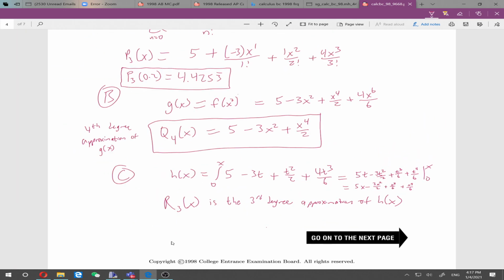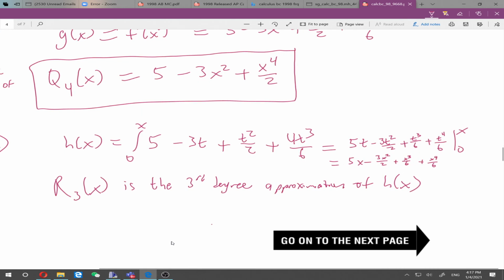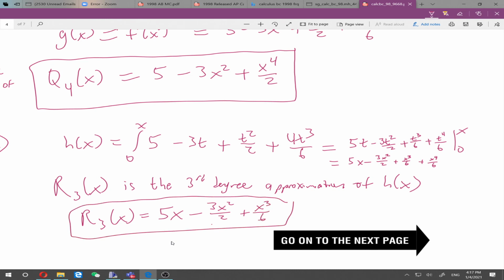But we only want the third degree Taylor approximation. So what is R3 of x? 5x minus 3x squared over 2 plus x cubed over 6. That's good.